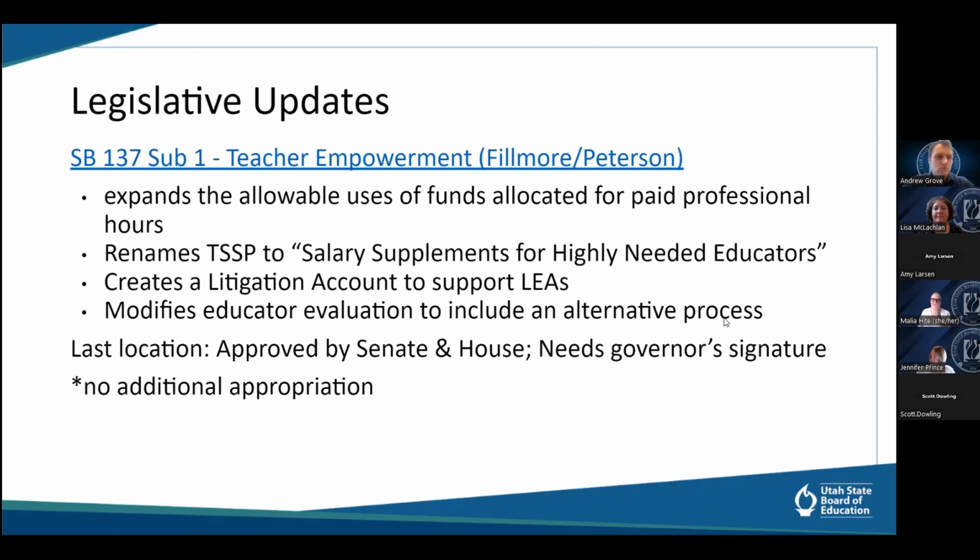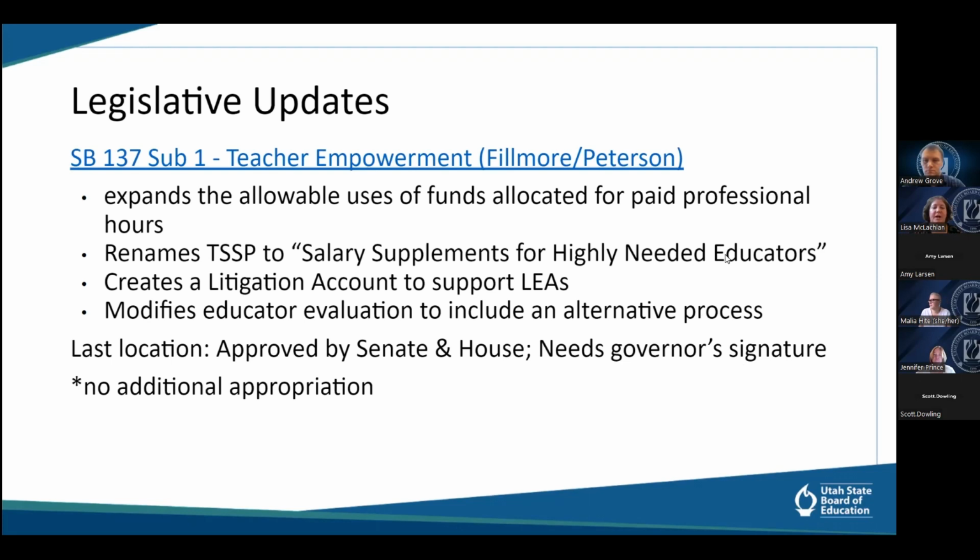And so that would be an additional bonus available. This bill, 173, has a $200 million appropriation, and it was recommended for funding out of the Public Education Appropriation Committee. And so it is likely that it will be funded, but we will have to see how this one shakes out.